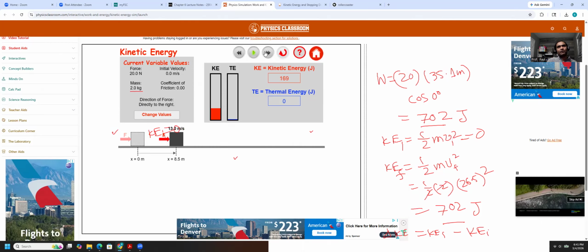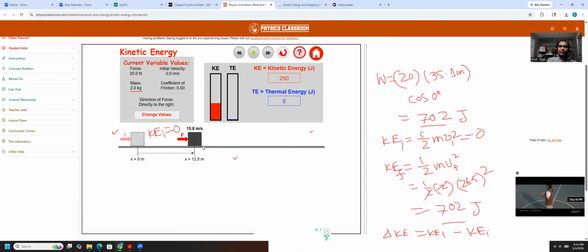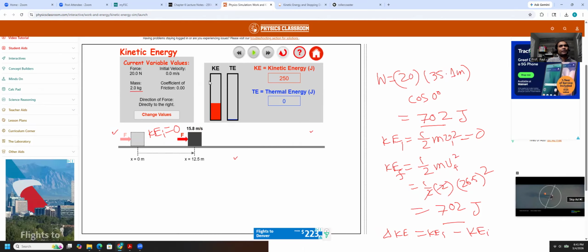Let's move. As it is going toward the right, the speed is increasing, and then kinetic energy is also increasing. That's because the definition of kinetic energy is half mv squared. Because v, the velocity or the speed, is increasing, kinetic energy is increasing, and this bar is also increasing.